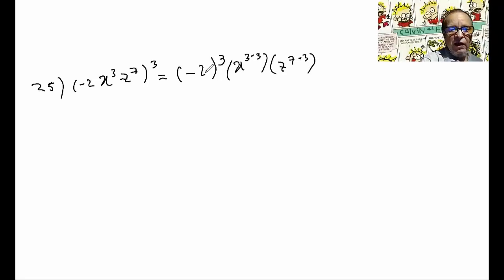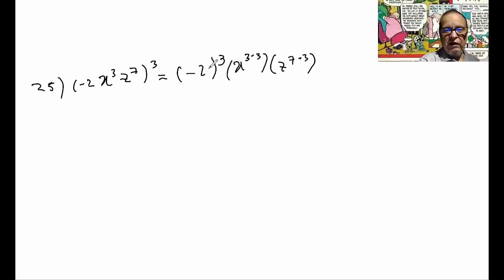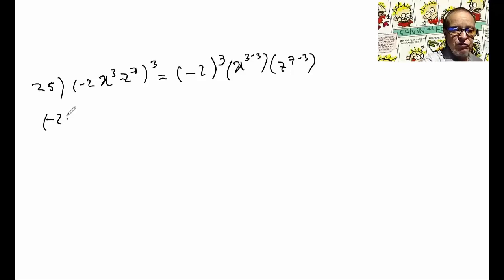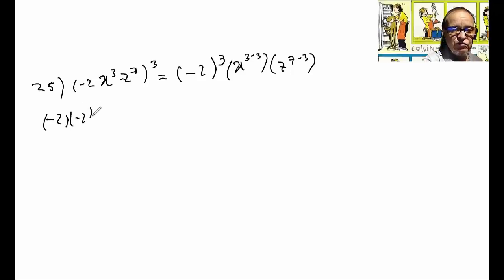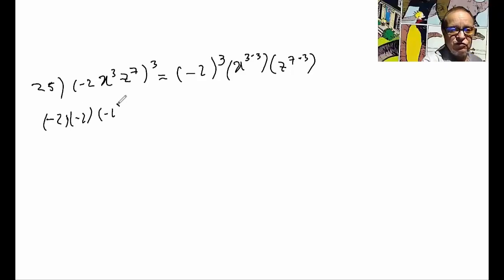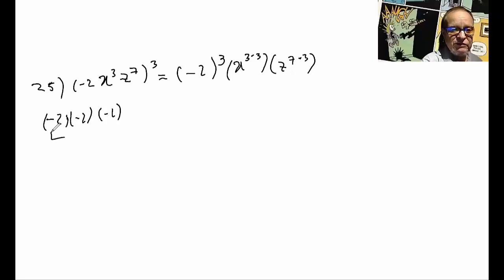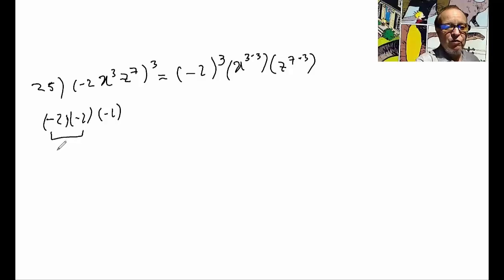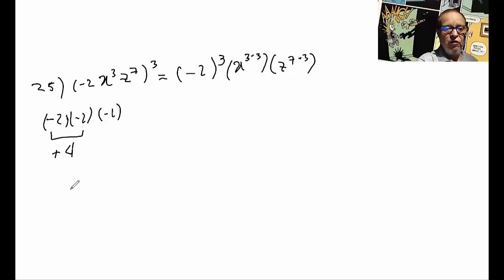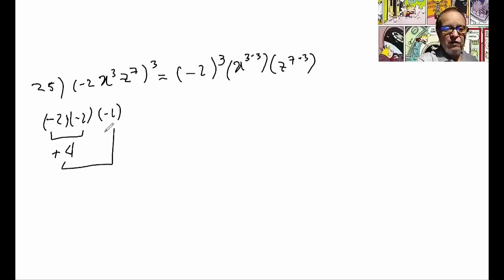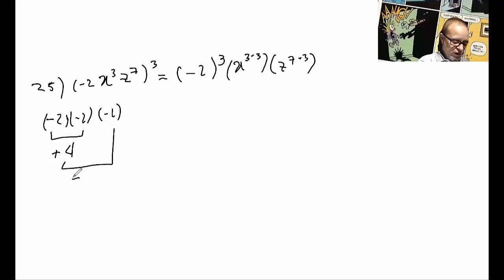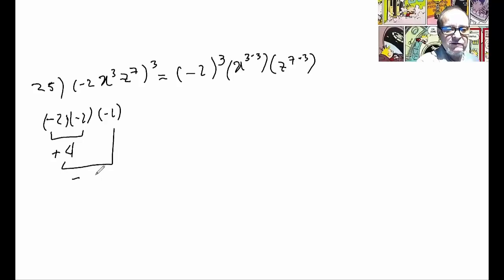So here I have negative 2 to the 3rd, so that means negative 2 times negative 2 times negative 2. Negative 2 times negative 2 will give me positive 4, and then positive 4 times negative 2 will give me negative 8.